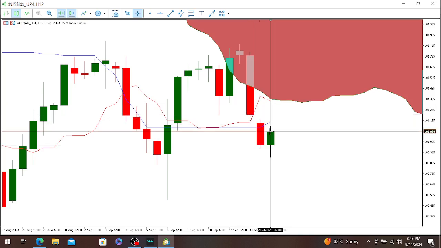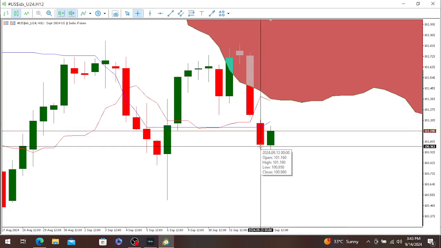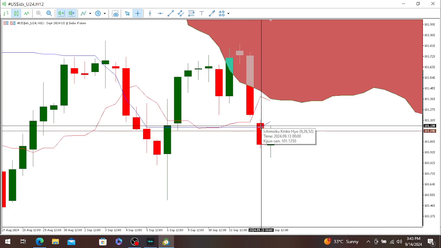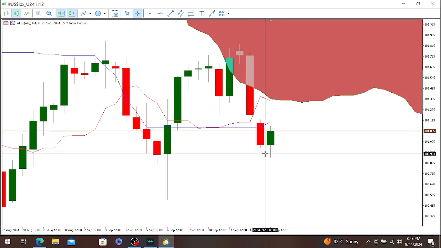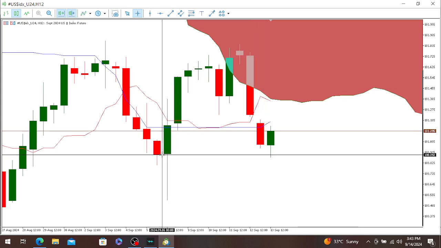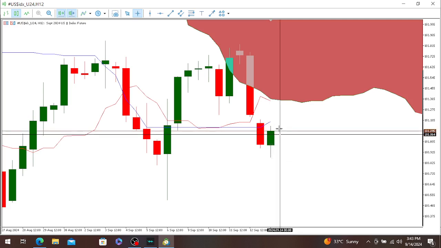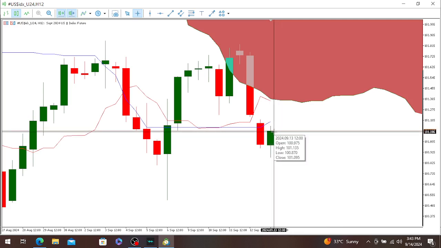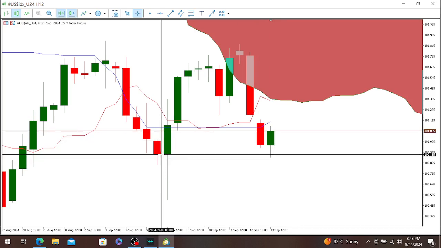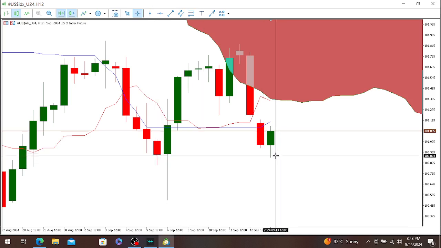On Friday, we saw this strong push to the downside, but this was only for the first half of the day. On the second half of the day, we had a touch or contact with the support level here, and then price pushed up, giving the impression of strong or potentially strong buying pressure here, which suggests price is likely to reverse here.